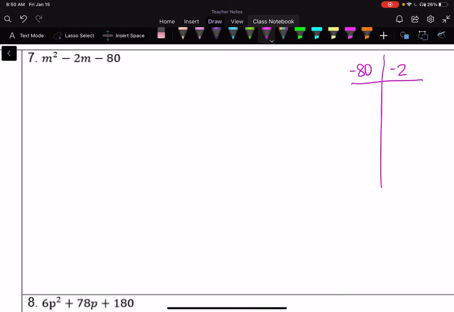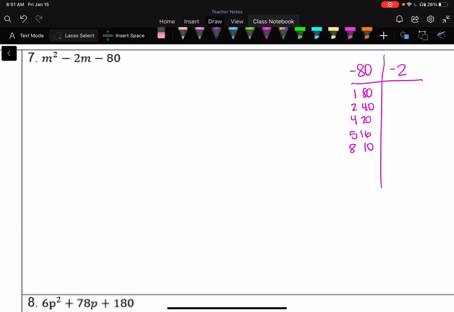So my factor pairs will be 1 and 80, 2 and 40, 4 and 20, 5 and 16, 8 and 10.